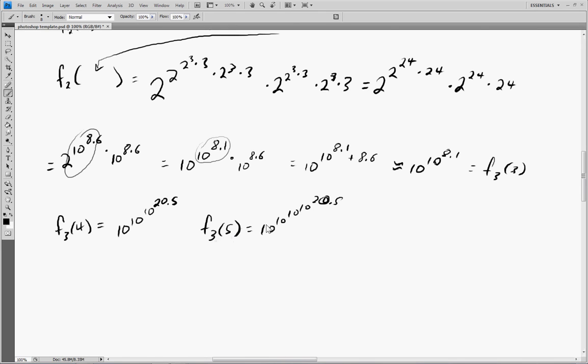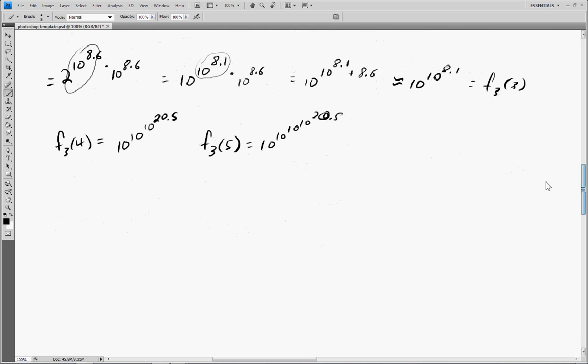So as we can see, we see something a little bit familiar here. The F3 function is very similar to tetration, that operation that created towers of exponentials. And what we find in general is that the fast-growing hierarchy keeps pace with Knuth up arrow notation. So if we were to have F sub a of n, this is similar to 2 with a up arrows n.